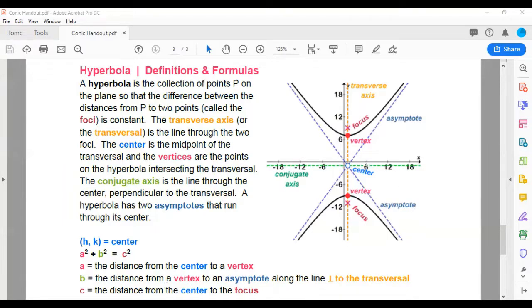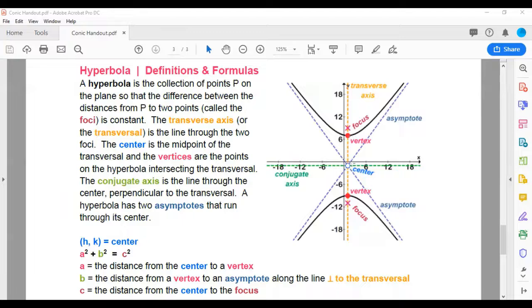So B comes from the slope of the asymptotes. If I think of the asymptote that's going on here, one way to find the slope would be, in this case, go from the center up to the vertex and then go over to the asymptote, right? So this would be my rise, and then here I have my run. On this hyperbola, the run is B. Now I'm saying on this hyperbola, because we'll see if the hyperbola is opening sideways, the rise and run are flipped.